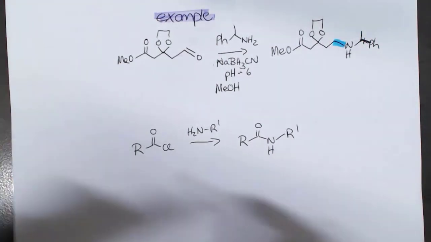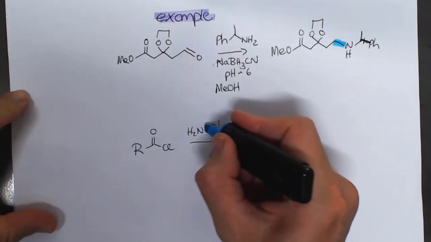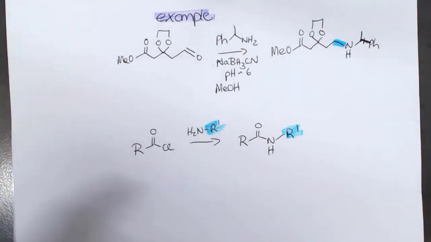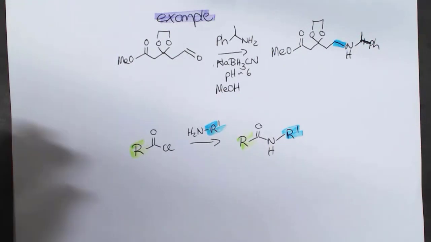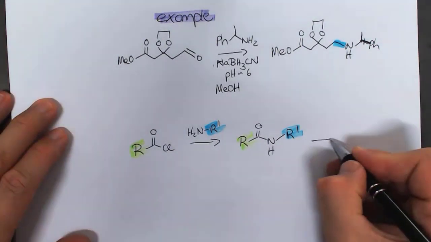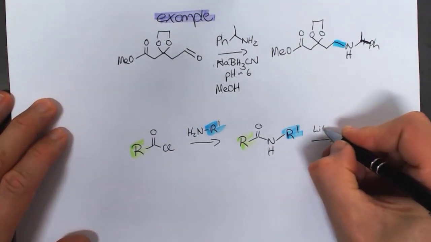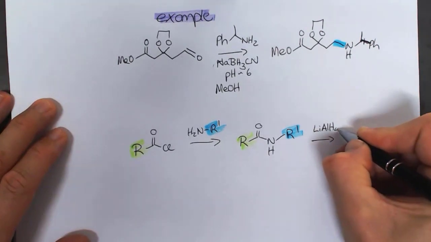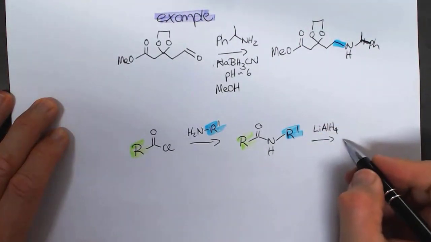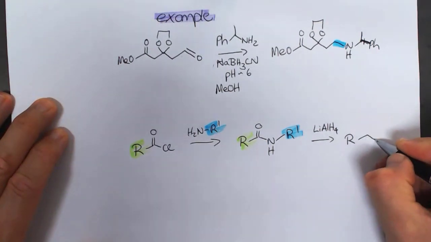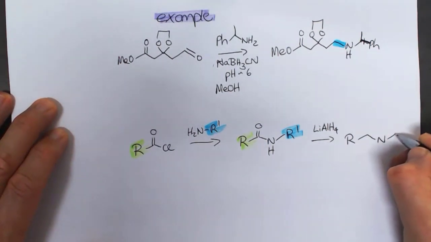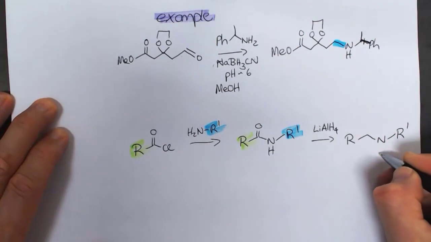Now, that amide is obviously not the product that we want. That's not an amine per se, but an amide can be reduced with lithium aluminium hydride, and when that reduction occurs, we get the amine product. So we reduce out the oxygen and we get that.